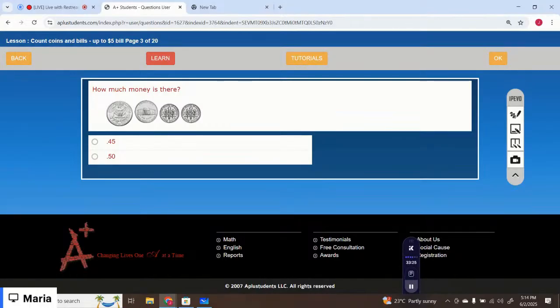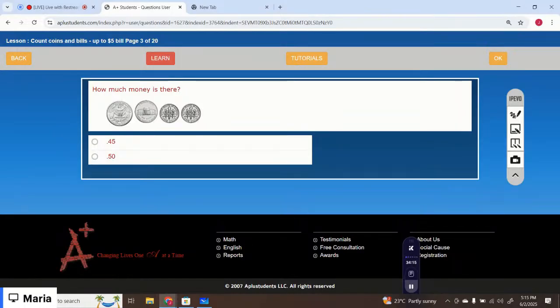The next one is how much money is there? So which is the correct option? That is $0.50.